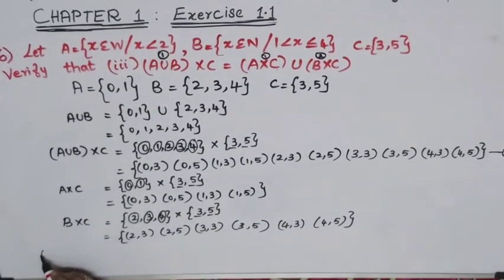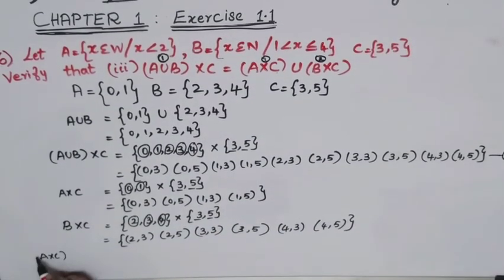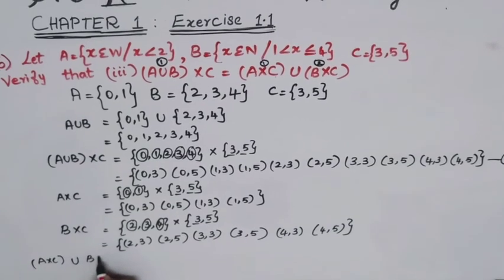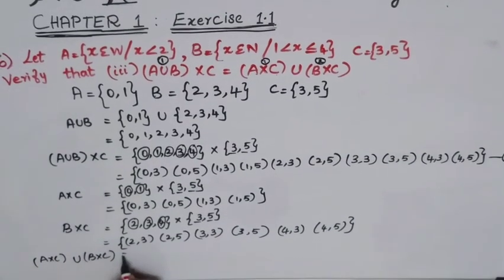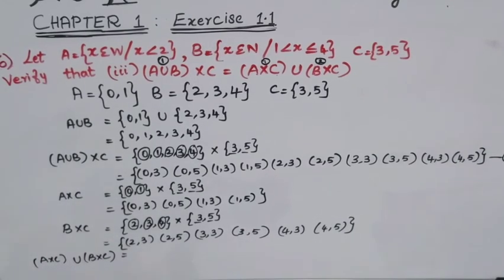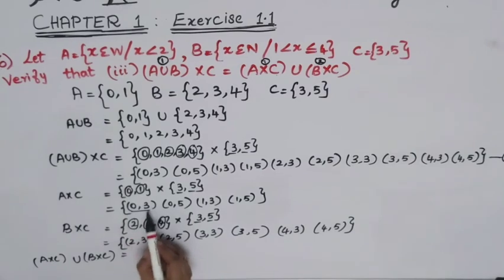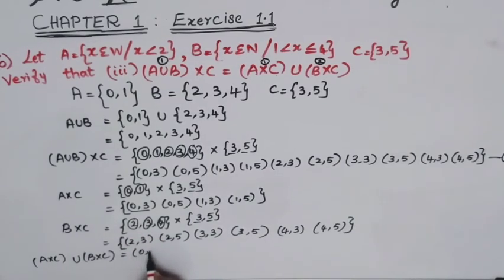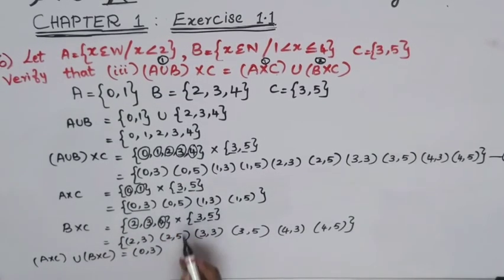So it is A cross C union B cross C. Union means you will have to write all the terms from A cross C and B cross C, all the ordered pairs. First we will start with (0, 3), so just write (0, 3). Then (0, 5) is there, so write (0, 5).